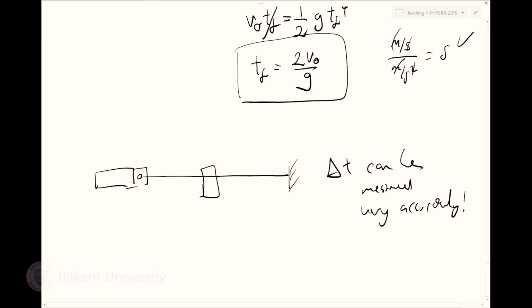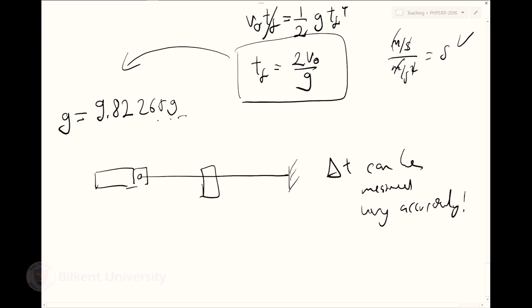Another thing that can be measured very accurately is the distance between two objects. Now, the kind of accuracy I'm talking about is not finding g as 9.82 meters per second squared. That kind of accuracy you can gain from just throwing an object up in your lab. I'm sure you'll do an experiment to measure g. But I actually want the kind of precision where I can maybe put other numbers here.